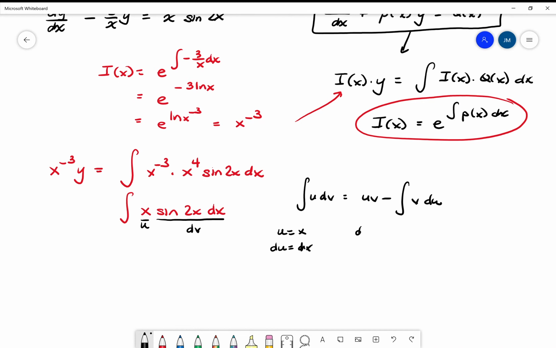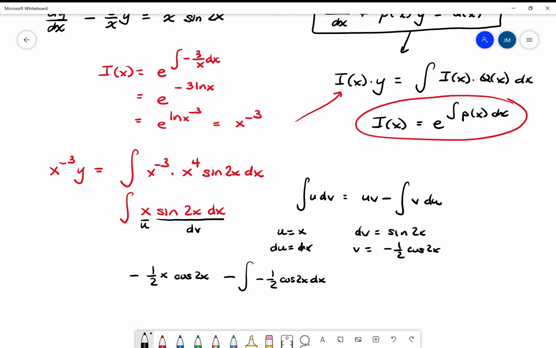And that means that dv is sine of 2x, which means v is negative 1/2 cosine 2x. So we have negative 1/2 x cosine 2x minus the integral of negative 1/2 cosine 2x dx.